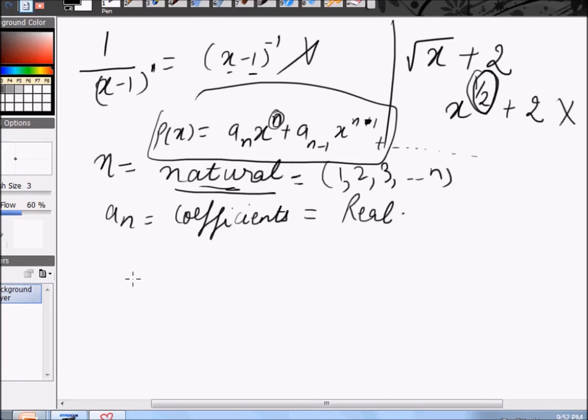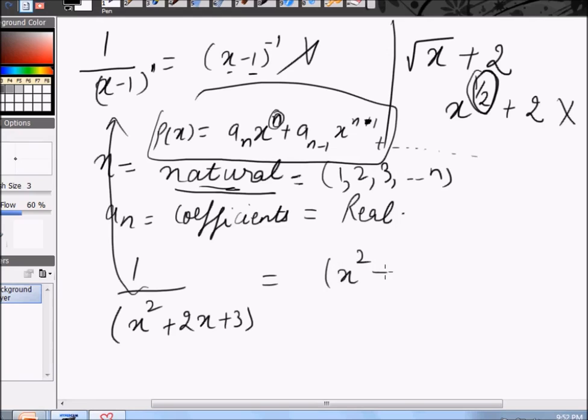Let us have another example: 1 over x square plus 2x plus 3. Again, as in the similar case, it is x square plus 2x plus 3 raised to power minus 1. This negative power will prevail in all the terms and will give a negative power. Thus n will not be a natural number here. Therefore it can never be a polynomial.